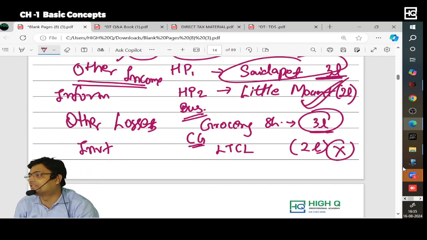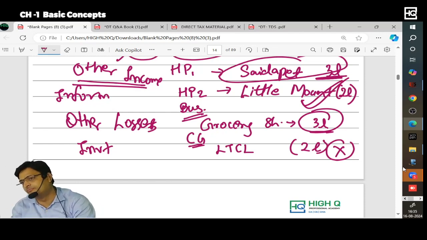Now you will say, sir, why? Because the employee can manipulate the employer. See what happens. My income is, let's say, 3,50,000. What I will do, I will show fake losses of business or other heads, fake losses.